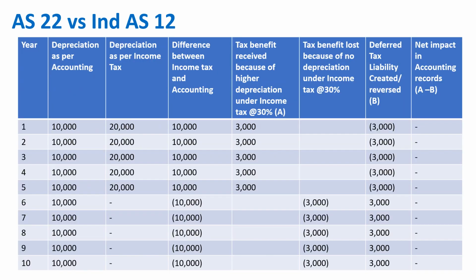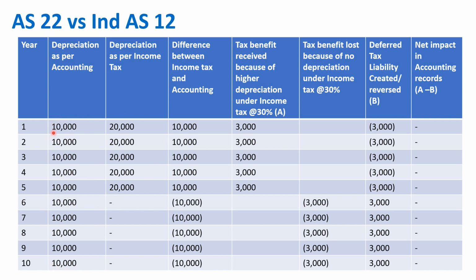So now let's understand the previous example in more detail to understand how the deferred tax liability is created and how the deferred tax liability is reversed in future years. In the given case, we saw that the depreciation under the Income Tax Act is higher and the depreciation under the accounting rule is lower.